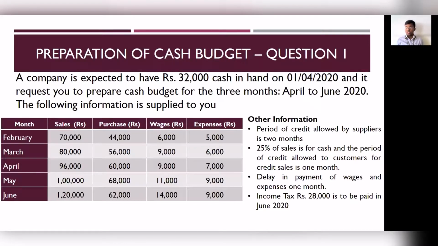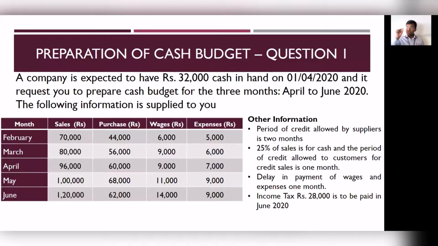Next point, 25% of sales is for cash and the period of credit allowed to customers for credit sales is 1 month. What does this mean? Whenever you carry out a sale, 25% of that sale is for cash, which means you will be settling the cash immediately. So here's an example.